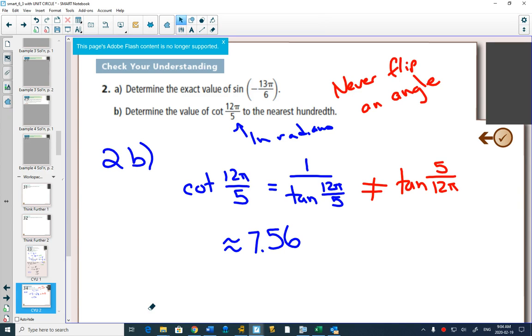So we just need to type it into our calculator, but the important thing in this one is the angle doesn't change. If we think, why does the angle not change?